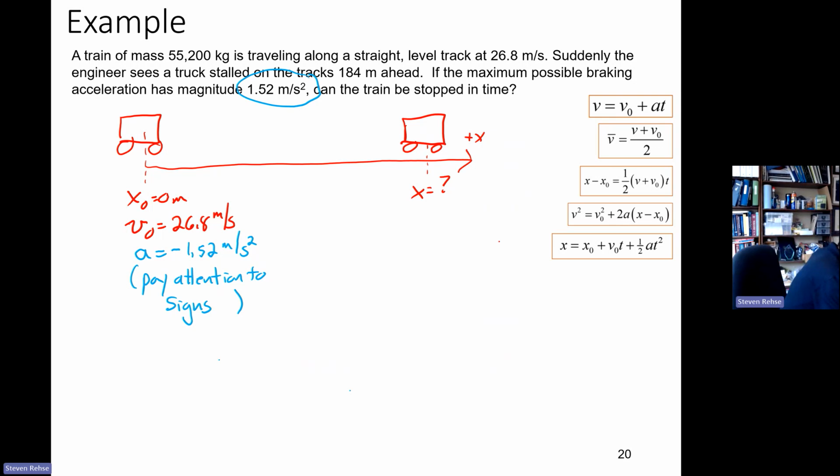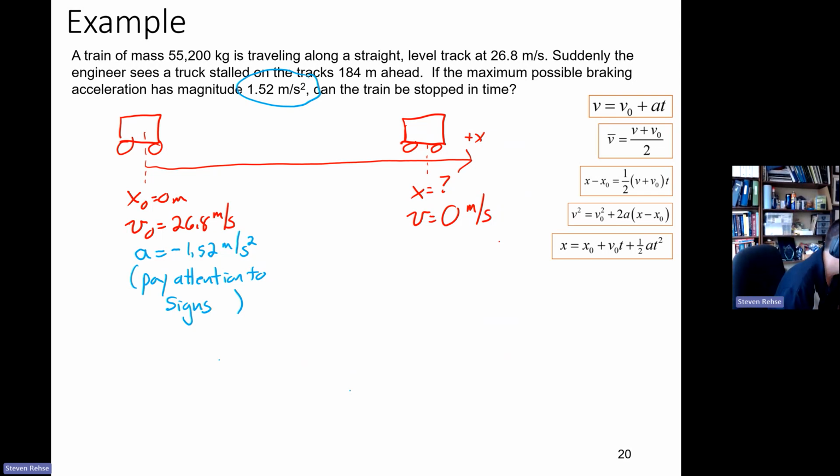I know its velocity, because by definition, when it has skidded to a stop, its velocity is now 0 meters per second. Look in the statement of the problem. Anywhere in there, does it say anything about 0 meters per second? It does not. You need to know to do that. You're looking for points where it's not moving, and then you can insert 0 meters per second.